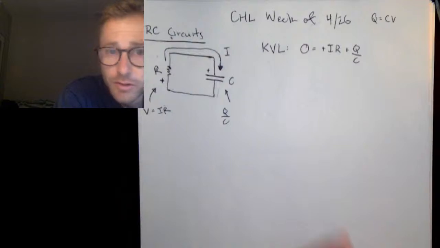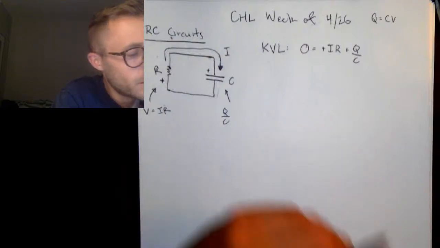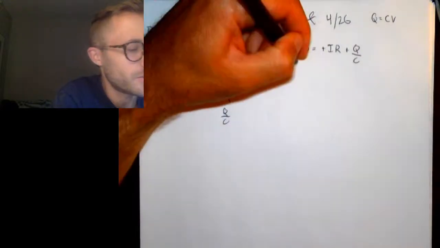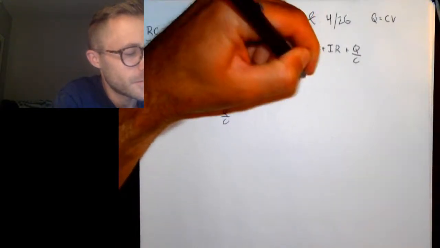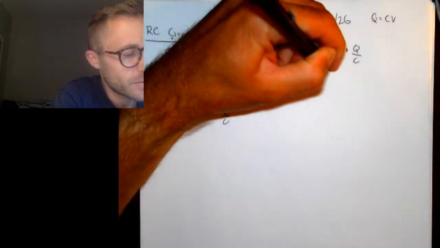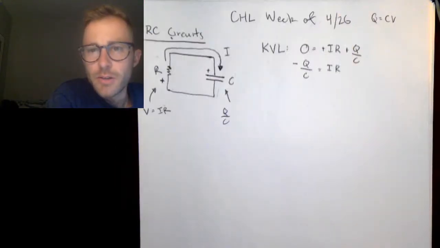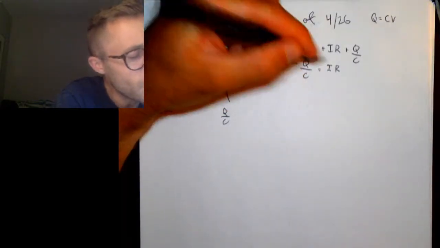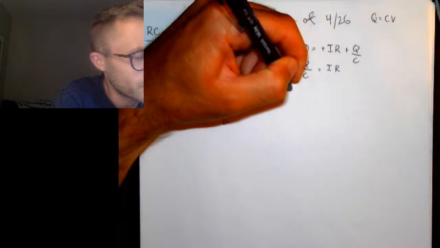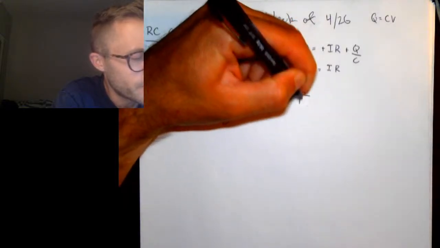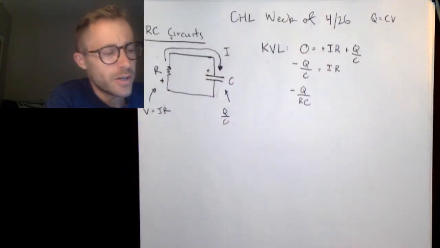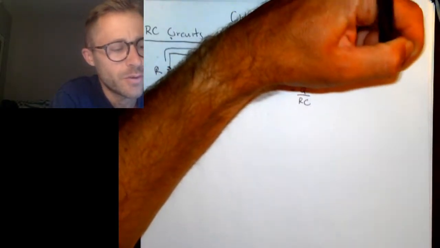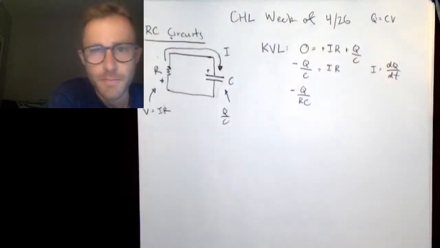So I'm going to transform this equation. The first thing I'm going to do is subtract Q over C over to the other side, like this. And then I'm going to divide both sides by R. So if I divide both sides by R, I get Q over RC. And then I'm going to realize that current is the rate of flow of charge, so it's dq dt.